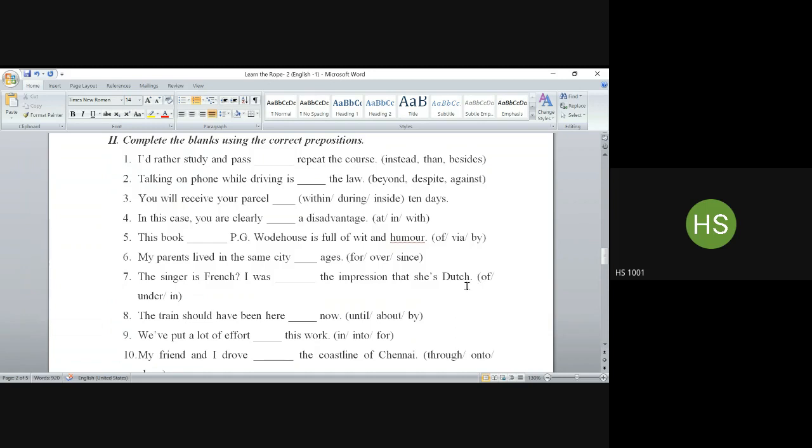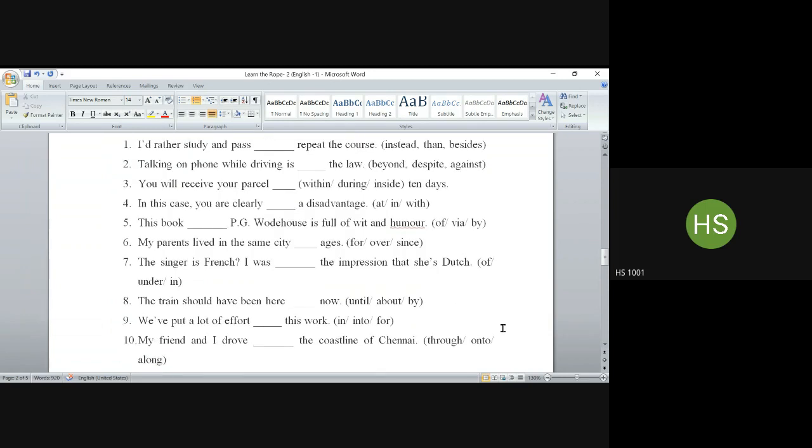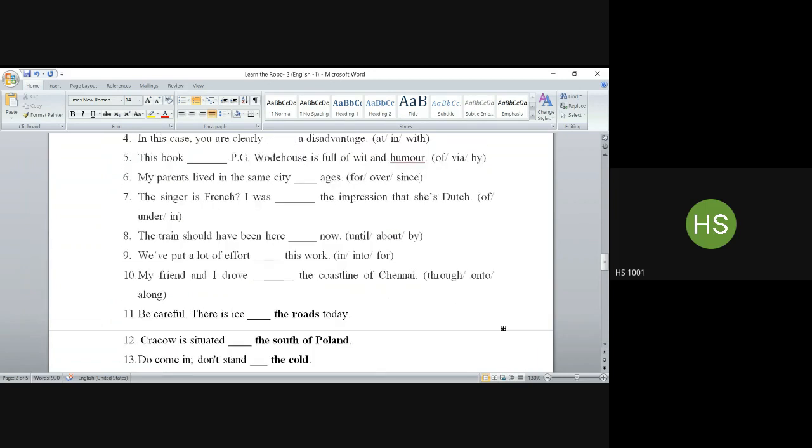Ninth one: We have put a lot of effort, dash this work. Into, or in. Okay, what's the meaning of into? If you have to choose between into and in, what will you write? Into.